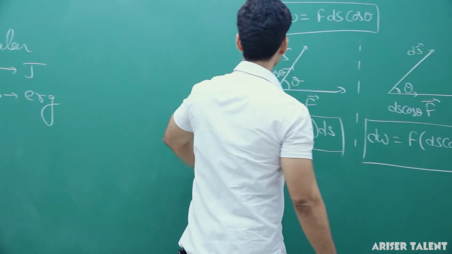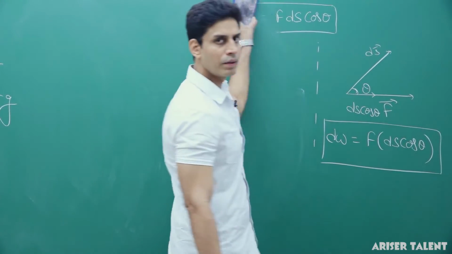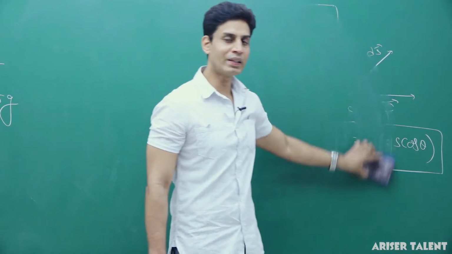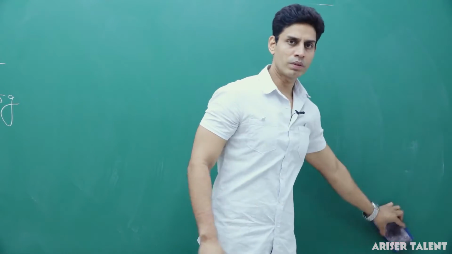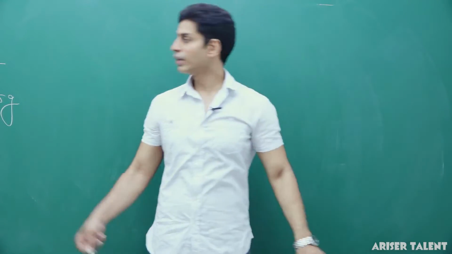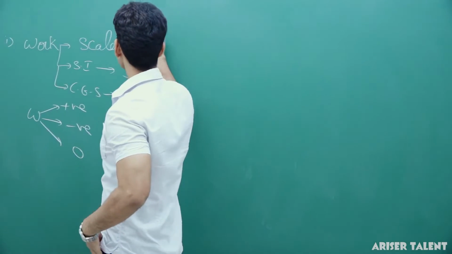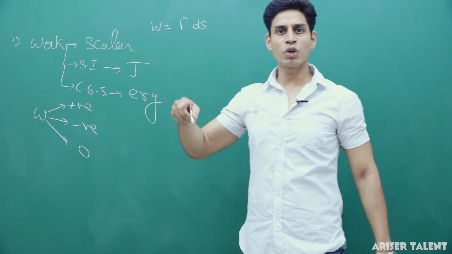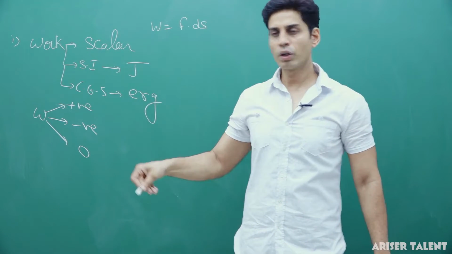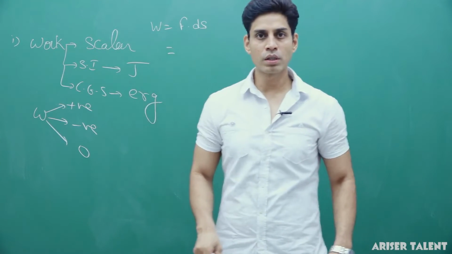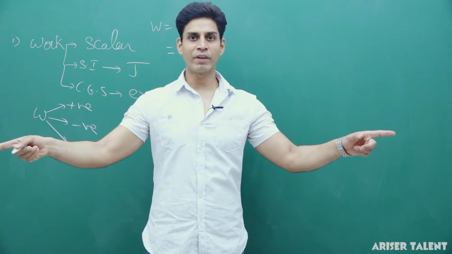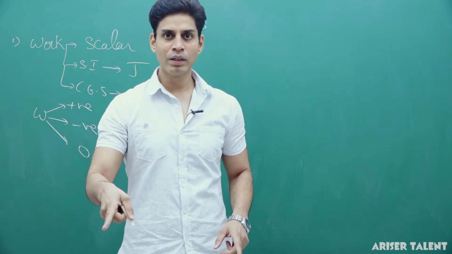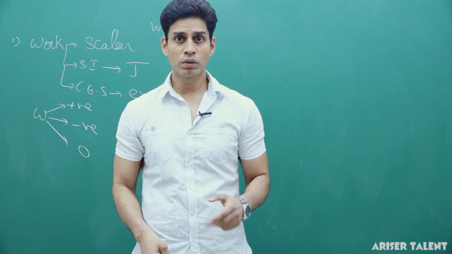Can you write the dimension also? If we have the mathematical expression of anything, we can write the dimensional formula. Yes, we can. Okay, try here. Work is what? Force into displacement. So basically, we have to write the dimension of force into displacement. Okay. Now, what is force? Two things you will never forget in life about physics: first is the spelling and the second is F equal to ma.